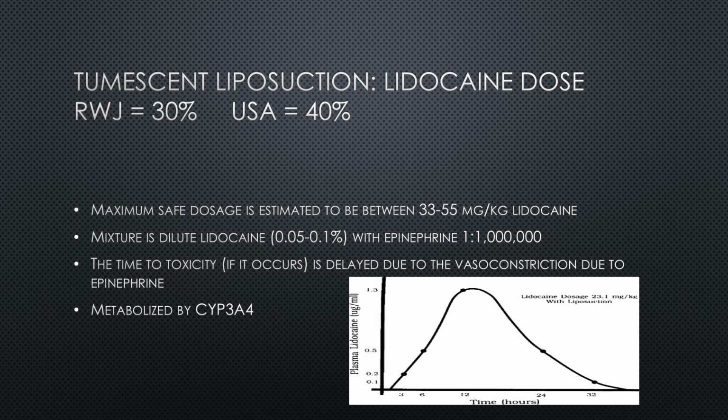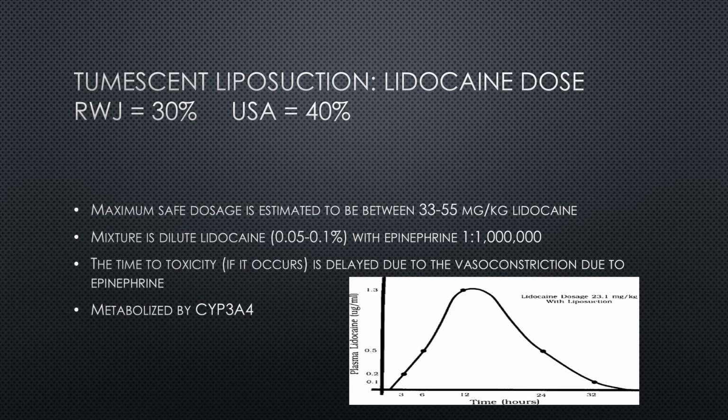The maximum safe dosage of lidocaine is estimated to be between 33 to 55 milligrams per kilogram, which is far above the usual teaching of 7 milligrams per kilogram for lidocaine. As I said, the mixture is extremely dilute, and it's given with dilute epinephrine, usually 1 to 1 million epinephrine as well, to constrict the blood vessels to lessen the amount of systemic absorption.